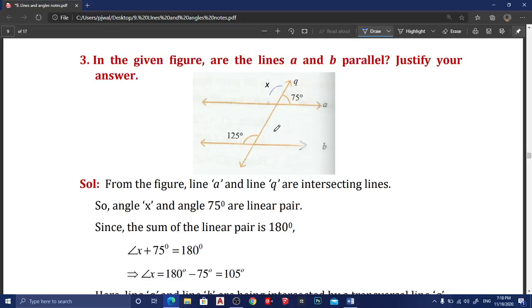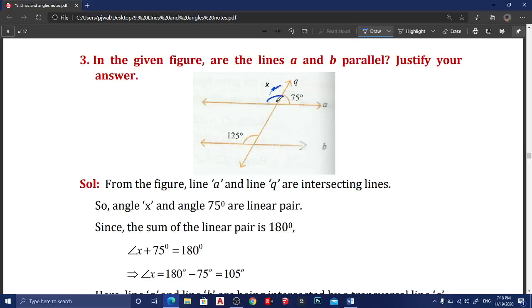The first property you can use is corresponding angles. If the corresponding angles are equal to each other, we can tell that the given two lines are parallel to each other.